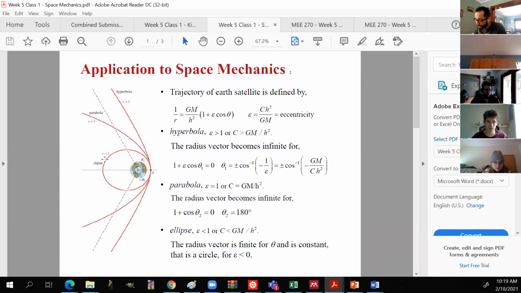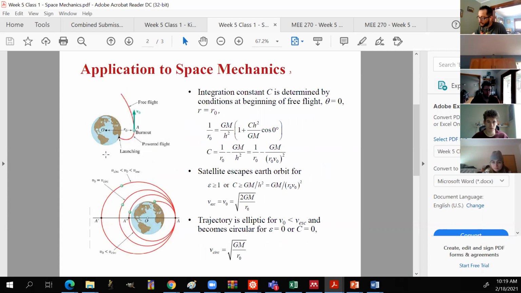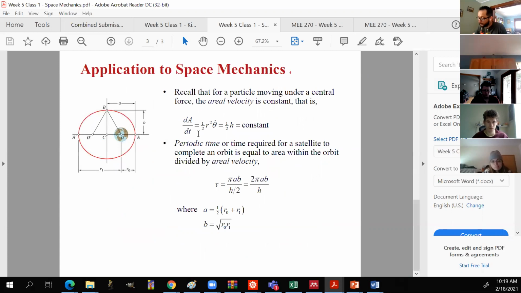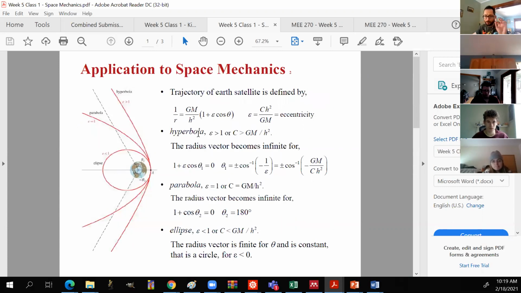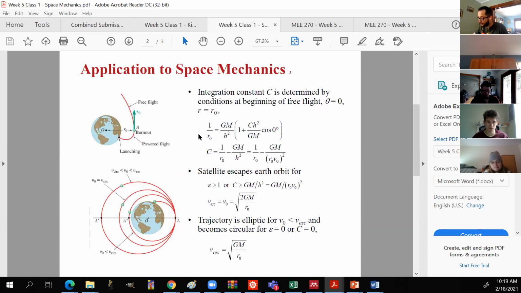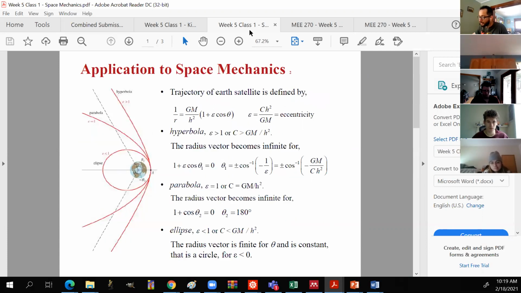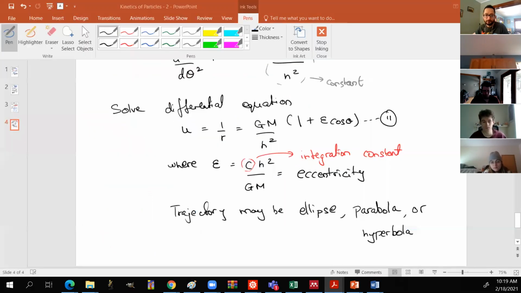It's basically the value of your eccentricity. You guys can read this. This is all extra stuff. You have some interesting concepts that come into the picture. I'm not directly going to test you on these, but some of these concepts may be in some problems that we look at. Everything is on Brightspace.